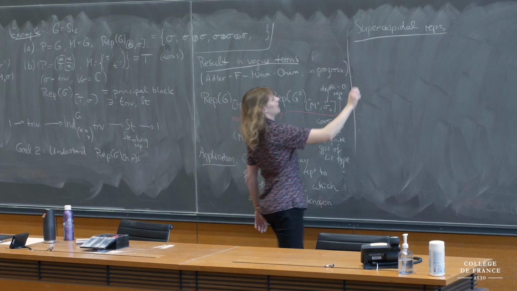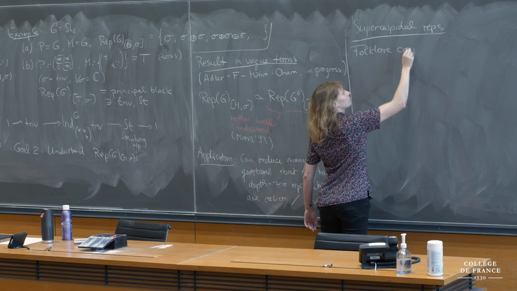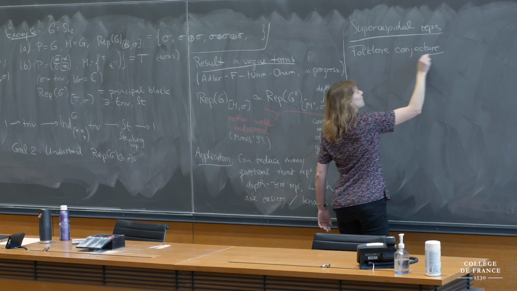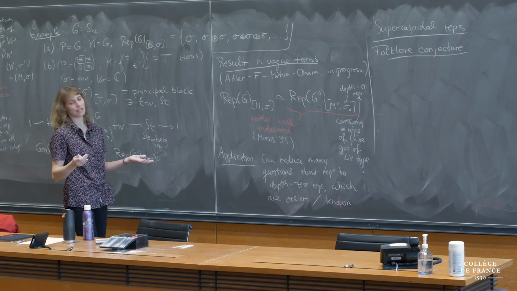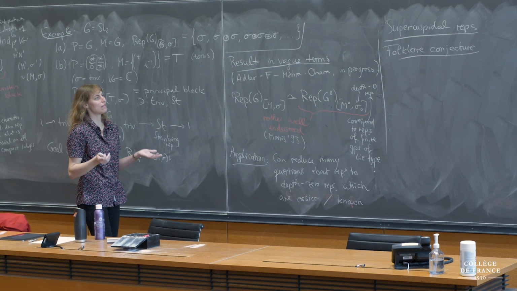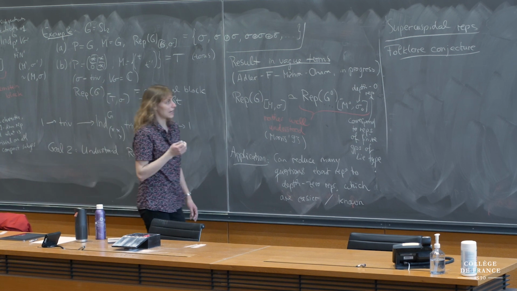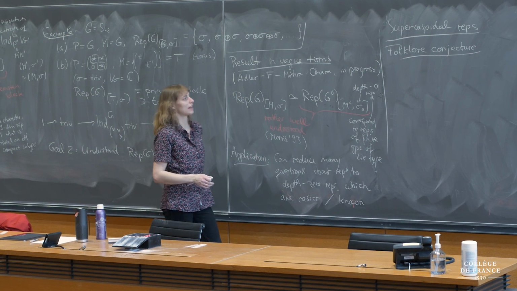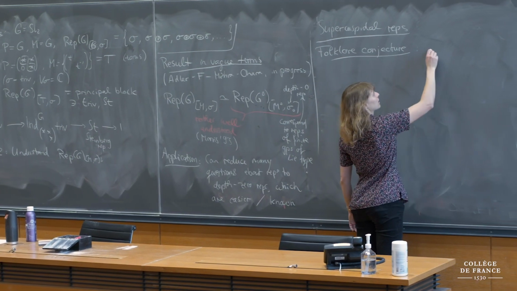So here is the big folklore conjecture. So far I've only shown you how to construct smooth representations other than supercuspidal representations, and they were really difficult to construct. People didn't know how to construct them for a long time. And I want to show you how one can construct them and show you an explicit example in just a second. So here's the folklore conjecture.